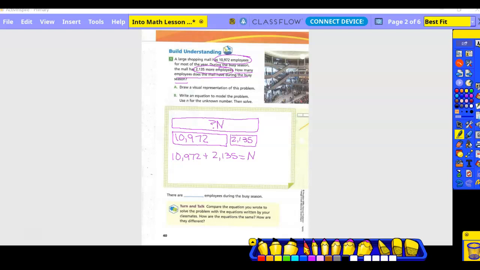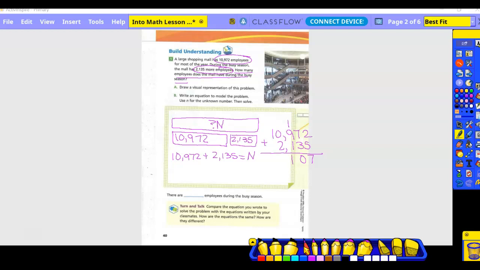Okay. Now I have that written horizontally, but can I work that problem horizontally? No, I need to write it vertically. So I'm going to do 10,972 plus 2,135. And I have to keep all of my place values what? In line, right? So 2 plus 5 is 7. 7 plus 3 is 10, carry the 1. 1 plus 9 is 10, plus 1 more is 11.